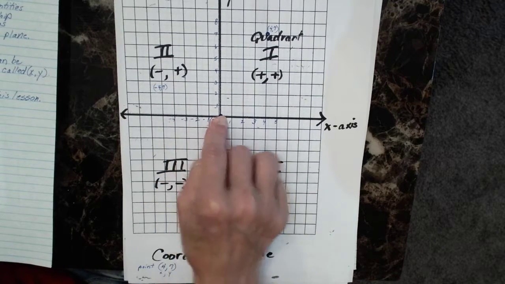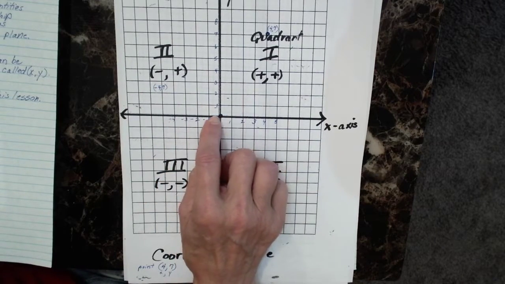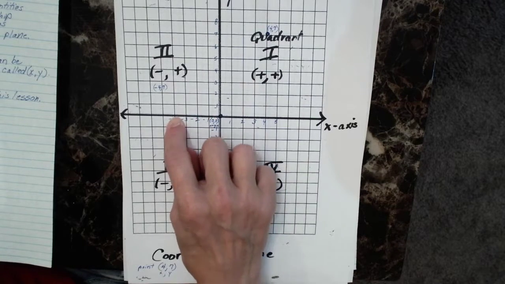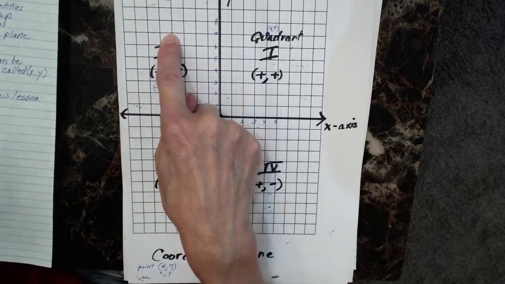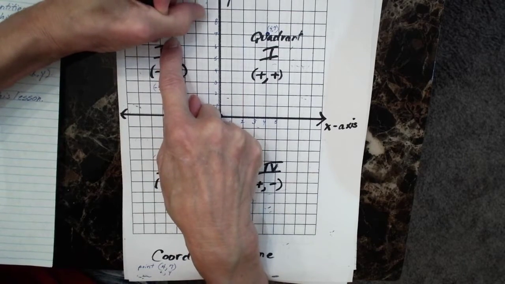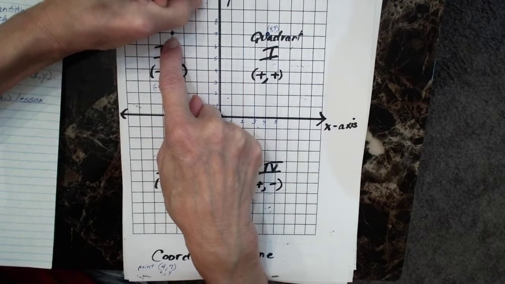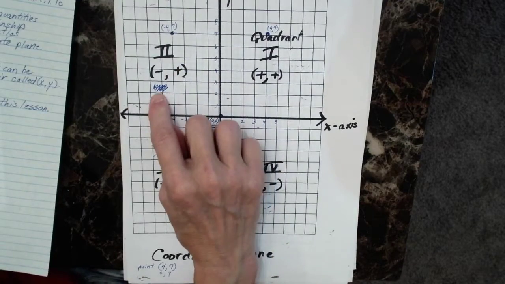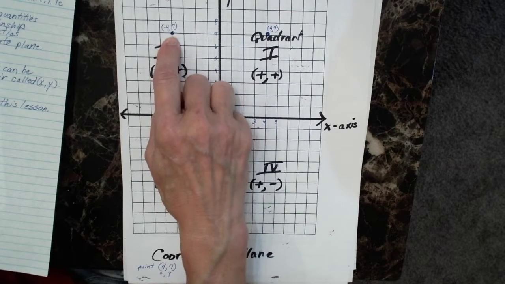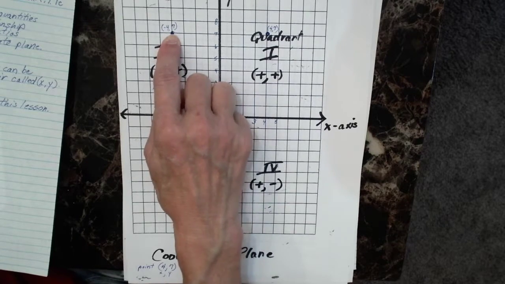You start at 0, 0, and you go backwards 4. 1, 2, 3, 4, that's a -4. And 1, 2, 3, 4, 5, 6, 7. We put that point here, and you would label that -4, 7. We'll just mark that out so you don't get confused. And that is the label of that point.